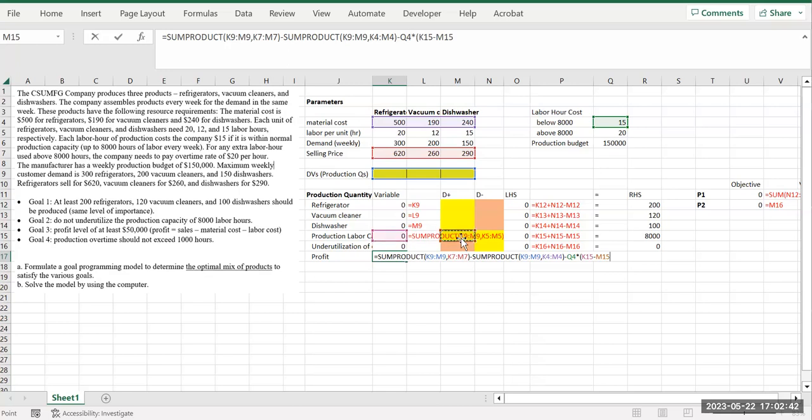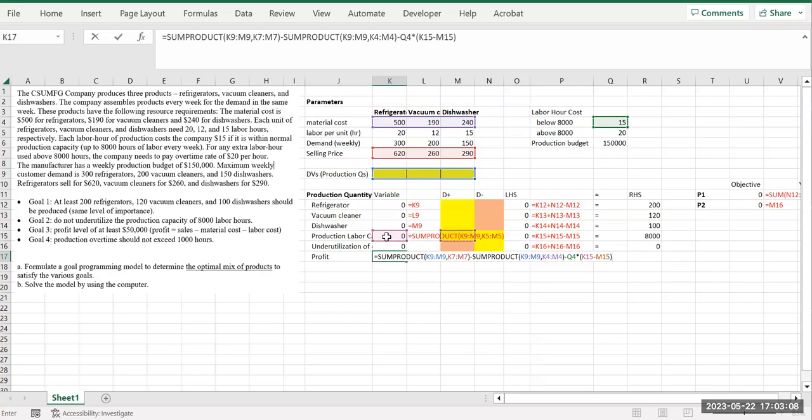Okay, so if we're under 8,000, this is going to be definitely 0. So it's going to be the actual total production labor hours used, right? So K15 minus M15. If this is 0, it's going to be K15. And that happens if K15 is 8,000 or less than 8,000, okay?